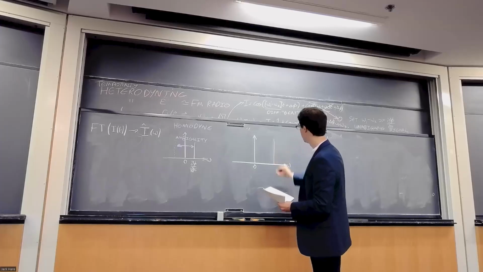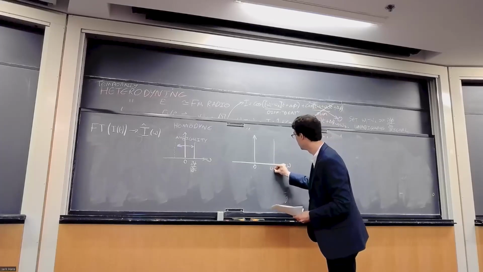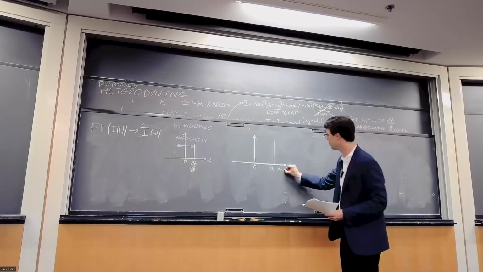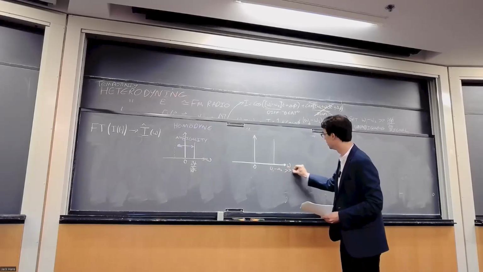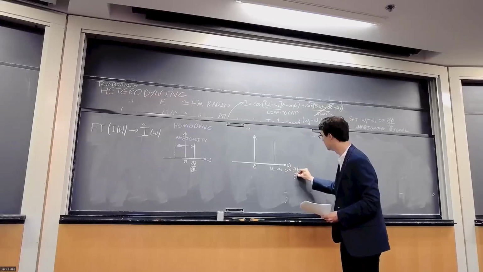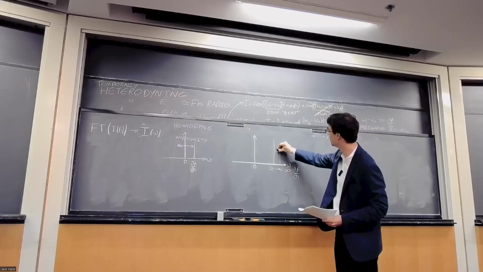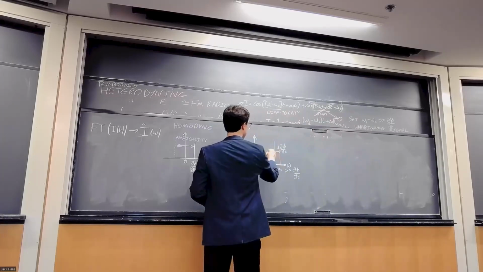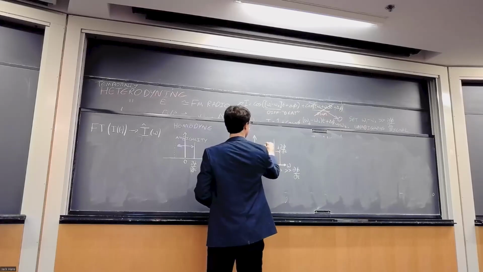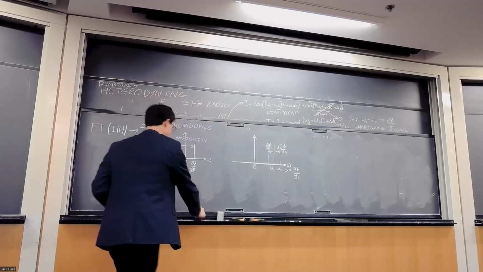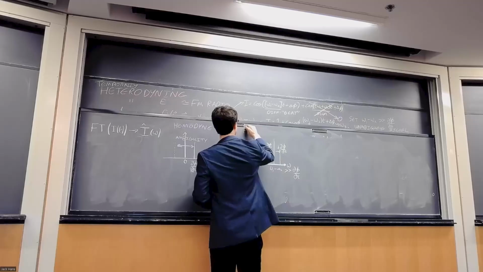And so this beat frequency, omega 1 minus omega 2, means that if omega 1 minus omega 2 is greater than d phi dt, then the signal that we would get from plus d phi dt now occurs at a different frequency from the signal that we would get at minus d phi dt. And so you can clearly resolve whether you've got plus d phi dt or minus d phi dt here. So this is the heterodyne system.